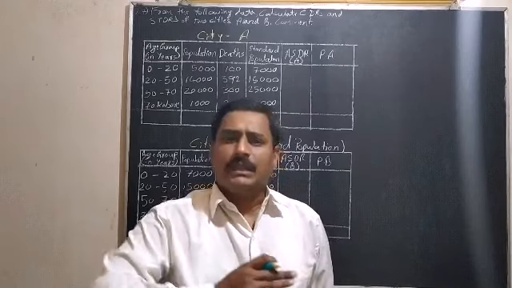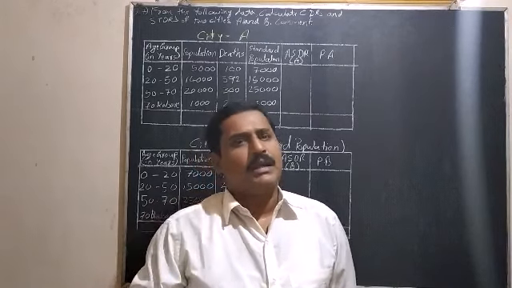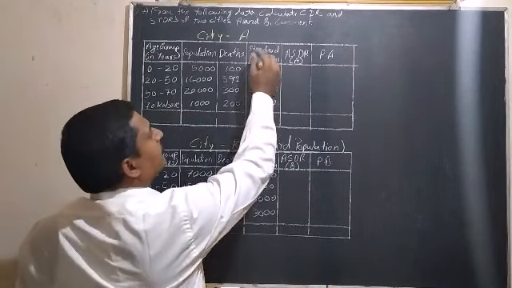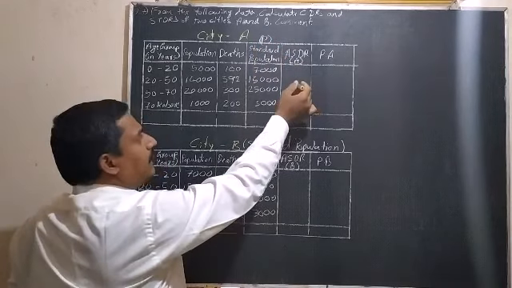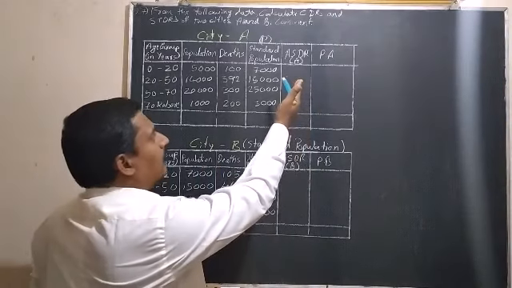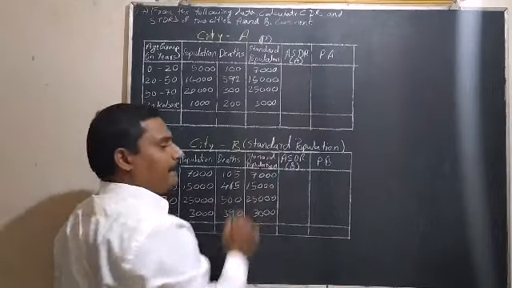The only difference is that a separate population is given as the standard population, and that population we have taken in the column of standard population, that is called P, and ASDR as usual for city A, and ASDR into standard population, that is PA.